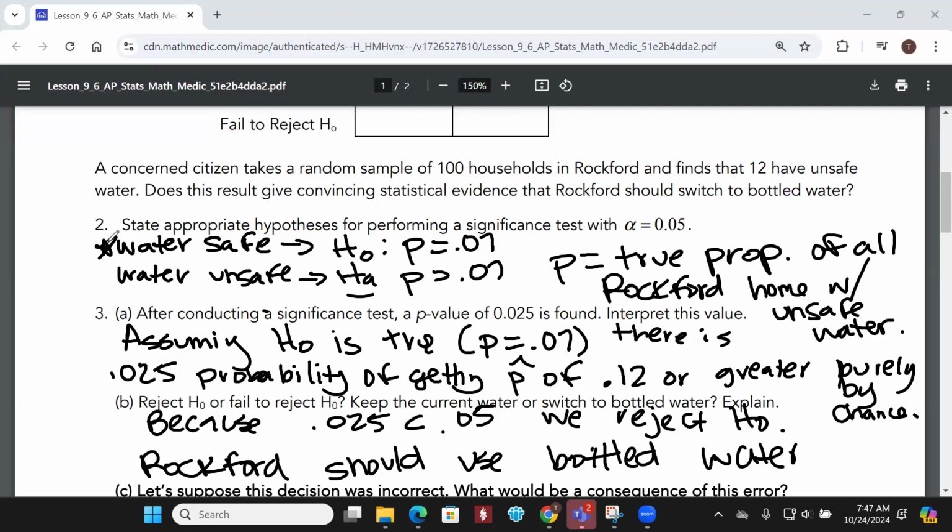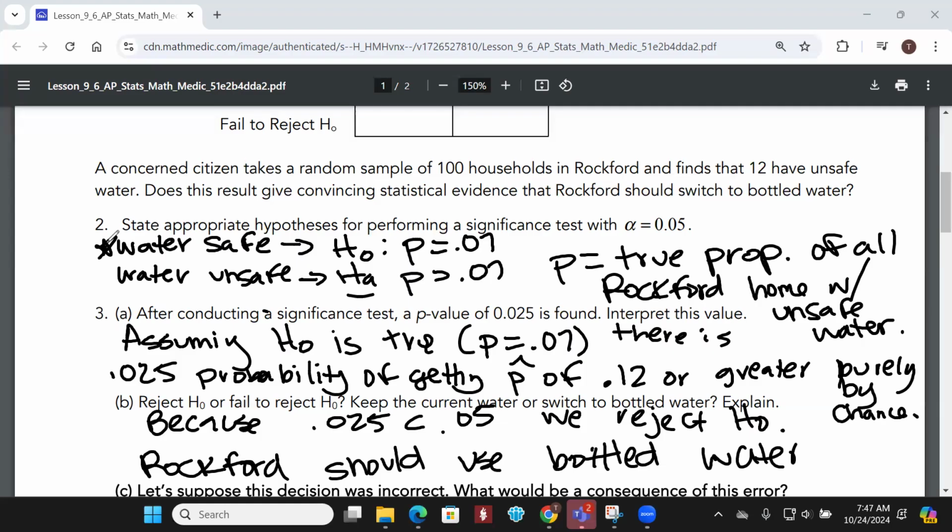If the water is actually safe, we cannot be getting 0.12 or greater of the population having unsafe water. Because it's very unlikely, it's most likely that the water is not safe. Out of your 100 households, you have 12 that have unsafe water. You're killing 12 families, potentially.